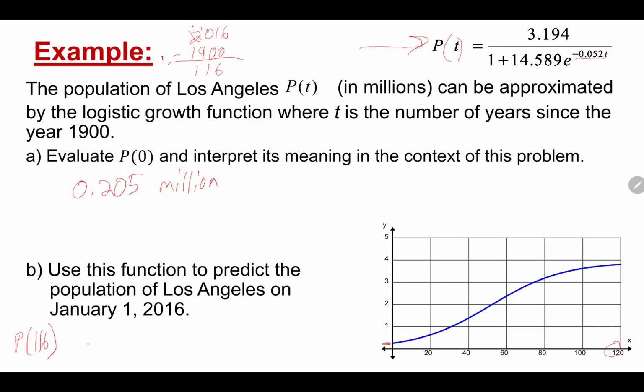So let's see what this comes out to be. And again, I'm just plugging it in the equation that we've been given. So 3.194 over 1 plus 14.589 times e to the negative 0.052 times 116.